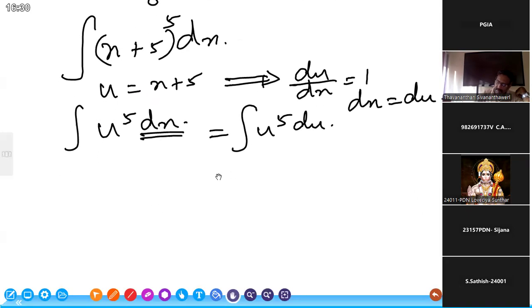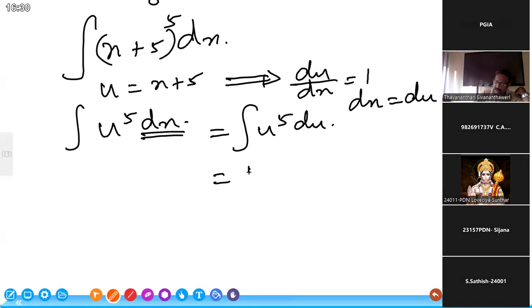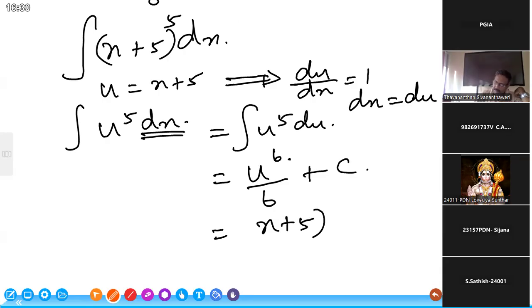All right? So you integrate that, u to the power 6 by 6 plus c. So we know that u is x plus 5. So x plus 5 to the power 6 by 6 plus c. That is the answer.